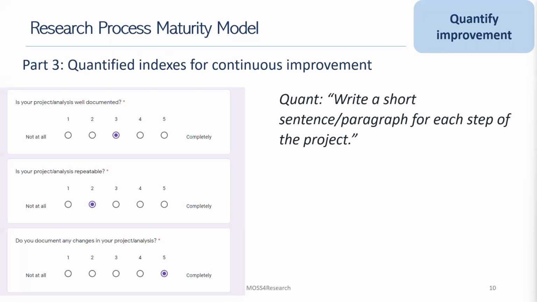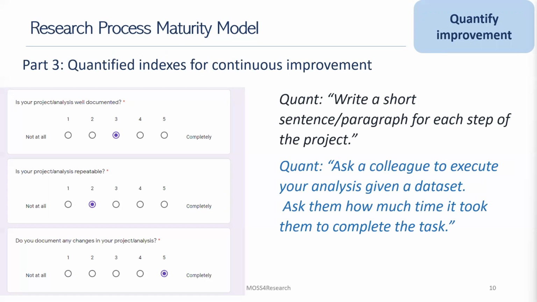To evaluate the repeatability of the process, we recommend that the group conducts a short usability study where they ask a colleague, the best would be someone not related to the study, to execute the analysis and measure how much time it took them to complete the task. This is something that we're doing now, and it's very effective. It's a very good recommendation based on our experience.